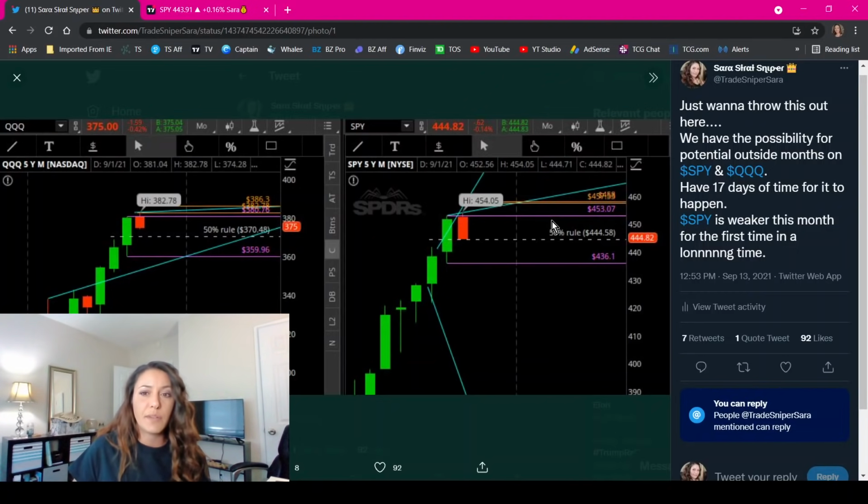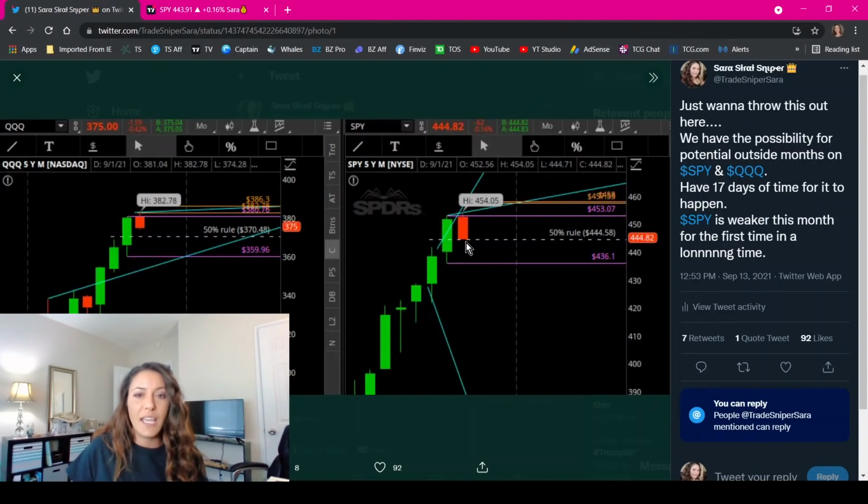I have a 50% rule, which means once this candle has taken out one side and retraced at least half of the previous candle, we can pretty much surmise that we're going to become an outside bar. Now, this is obviously not 100%. Nothing is 100%. This is a game of probabilities. So the probability of it becoming an outside bar is very good once we've retraced 50%.